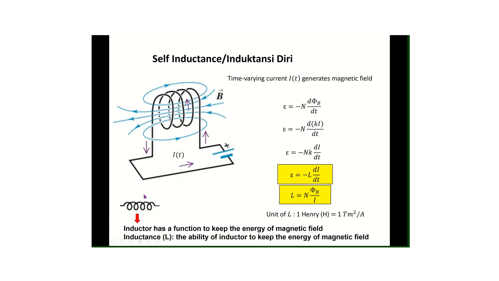So from this explanation, you are now able to explain one other kind of electric property, which is inductance.